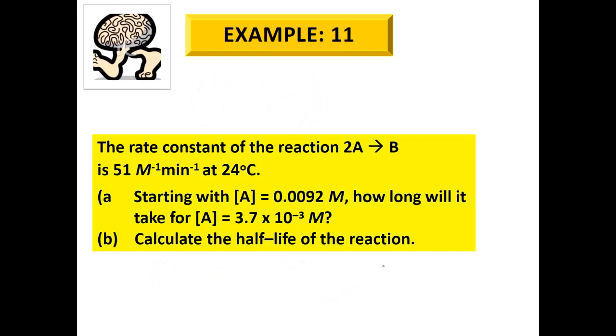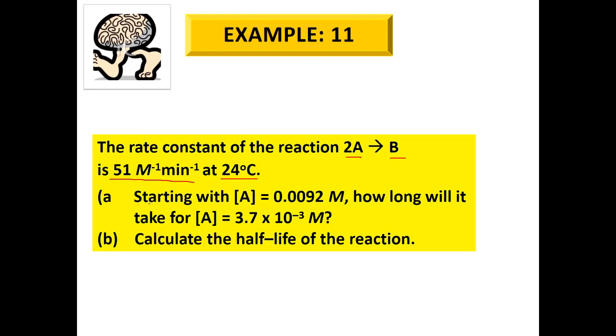Now we proceed to example 11. Example 11 basically involves the reaction 2A to produce 1B. The rate constant is 51 M negative 1 minute negative 1 at 24 degrees Celsius.